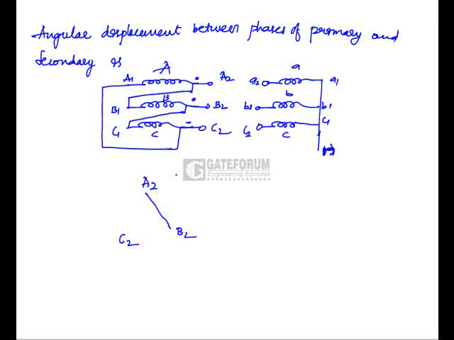From A2 to B2 we have B phase. From B2 to C2 we have C phase. Similarly, from C2 to A2 we have A phase.